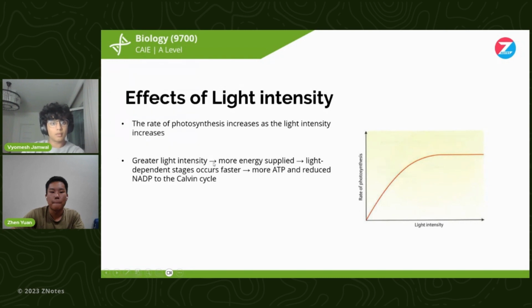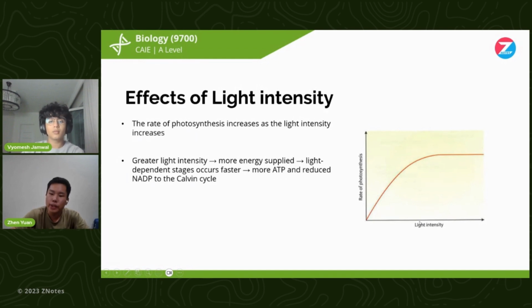Why is that? Greater light intensity means more energy supplied, right? As we said previously in your light dependent stage of photosynthesis. So the light dependent stage occurs faster and more ATP and reduced NADP are generated to be passed on to the Calvin cycle.